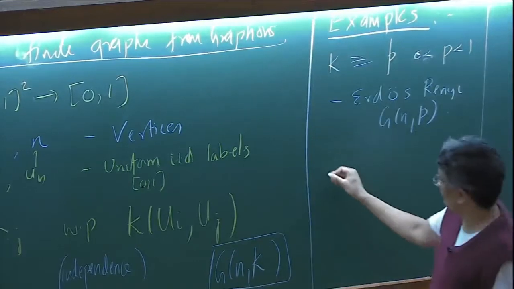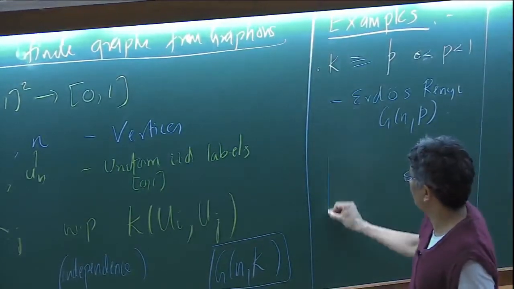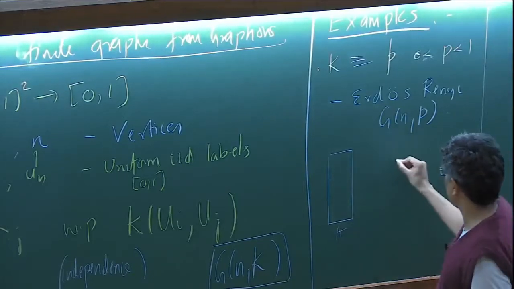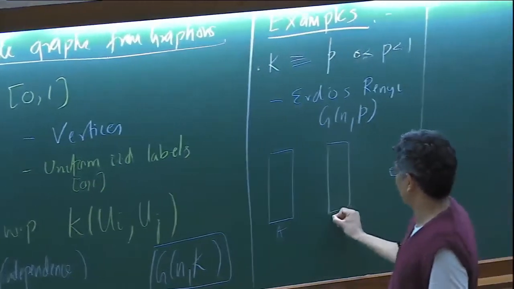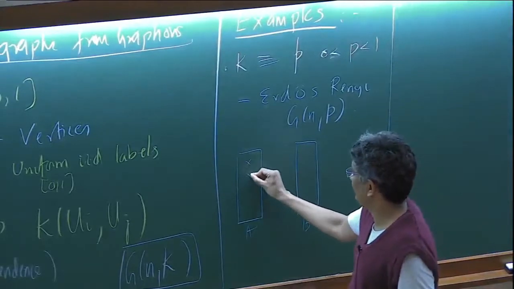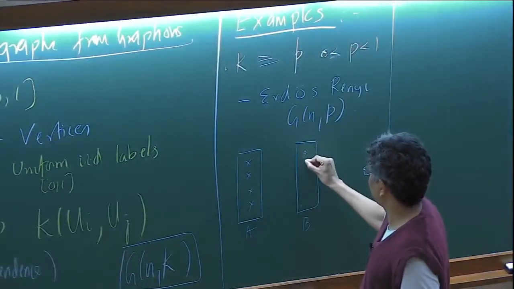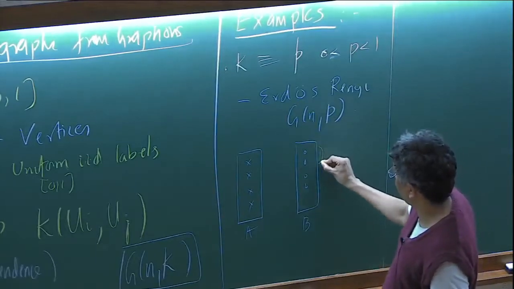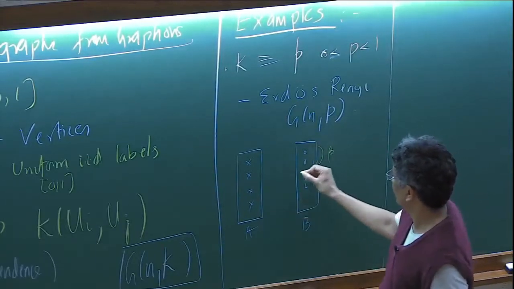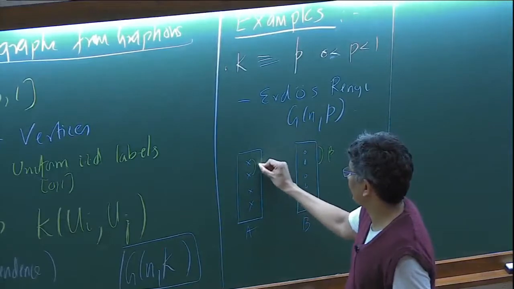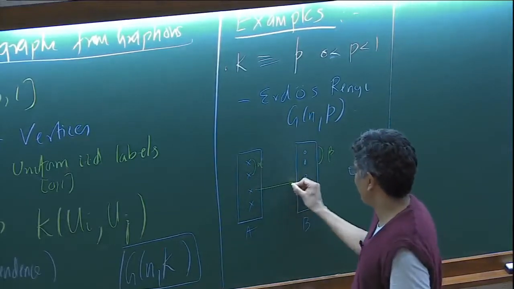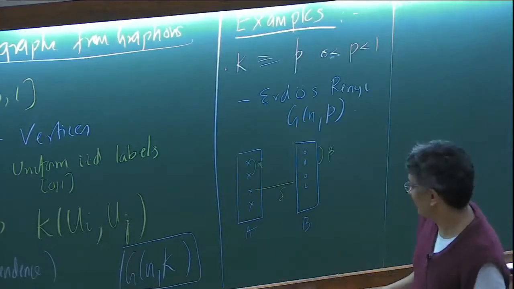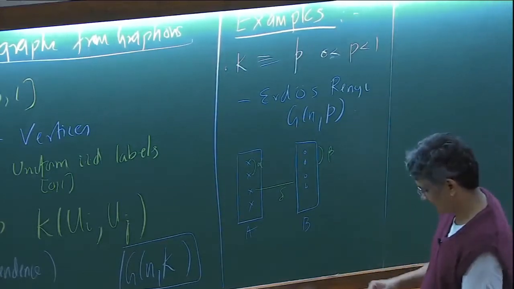Then I can do many things. Let's say I have two groups, one group A and another group B. I have some vertices here and some vertices here. If I connect edges here with probability, let's say, beta, edges here with probability alpha, and between them an edge with probability delta, I have a graph like that. That would come from a graphon of the following kind.